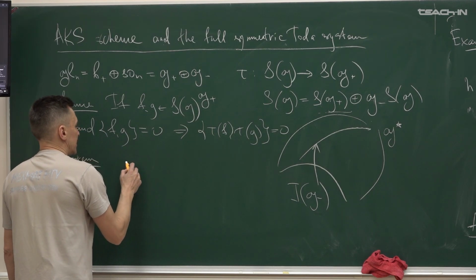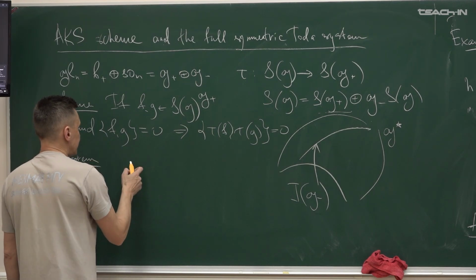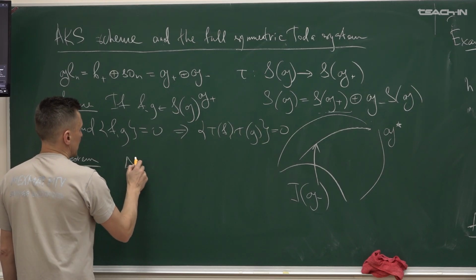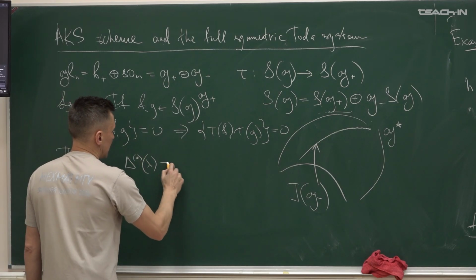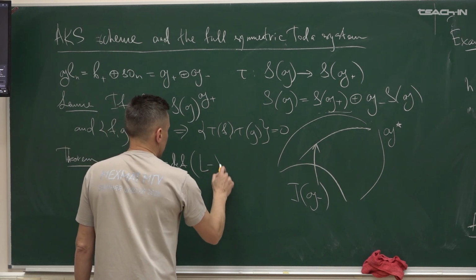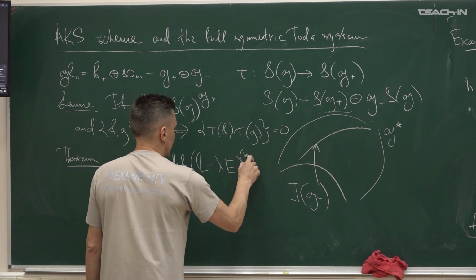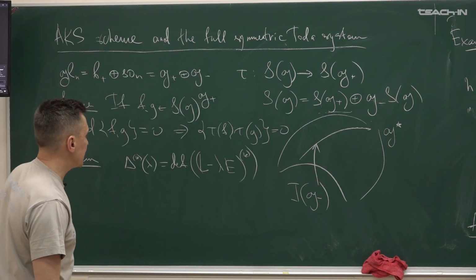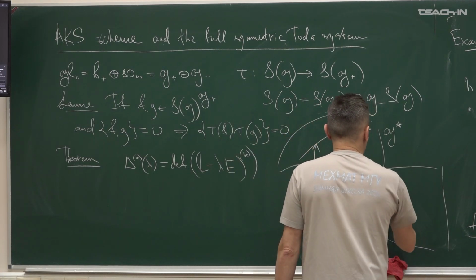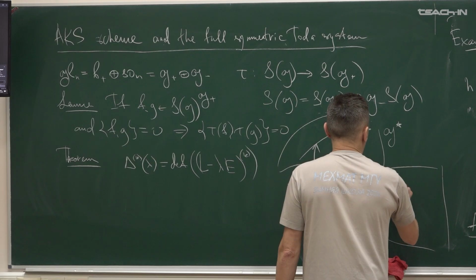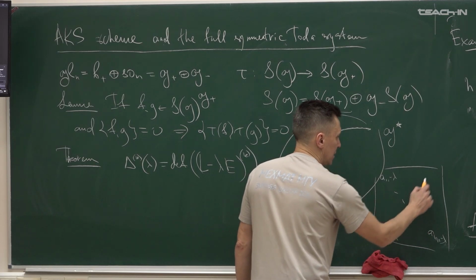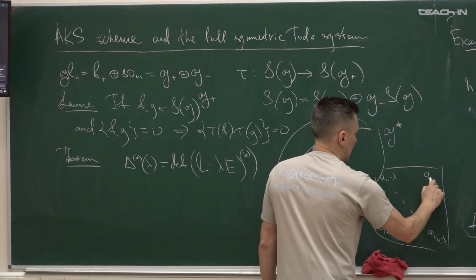We considered delta k of lambda as a determinant of L minus lambda E k, which is given by the matrix with entries a_1n minus lambda and so on.